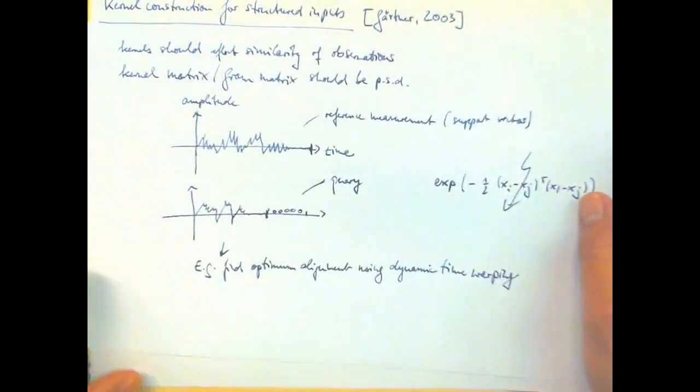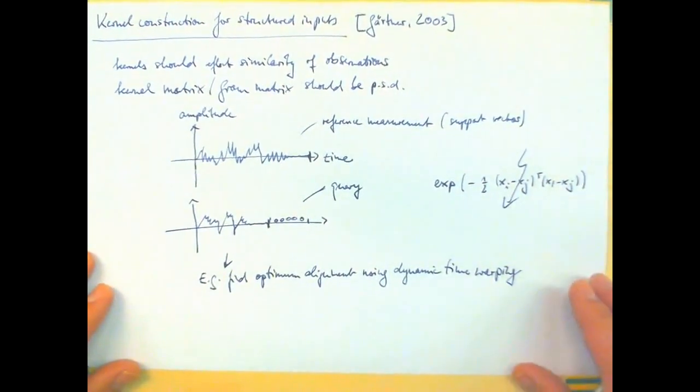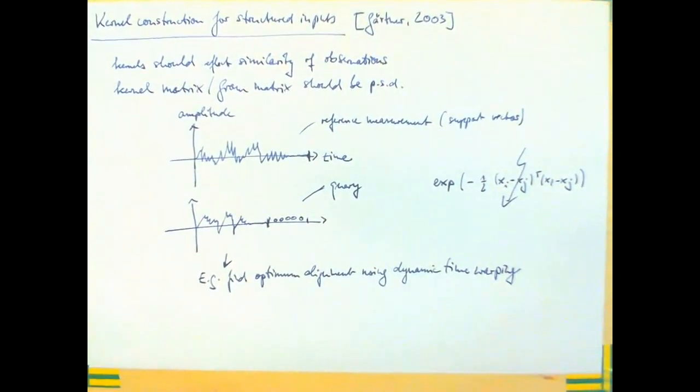Go ahead. If you want to do this kind of alignment, I don't think that Earth mover's distance would be the best choice. It really depends on how strongly you want to penalize compression.